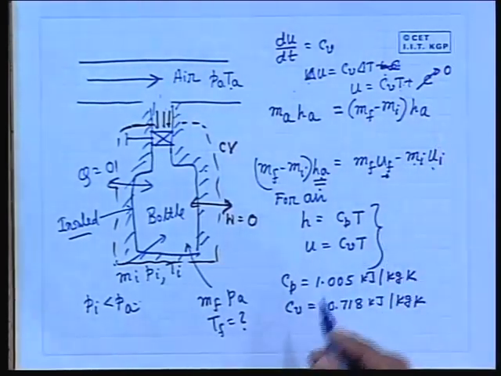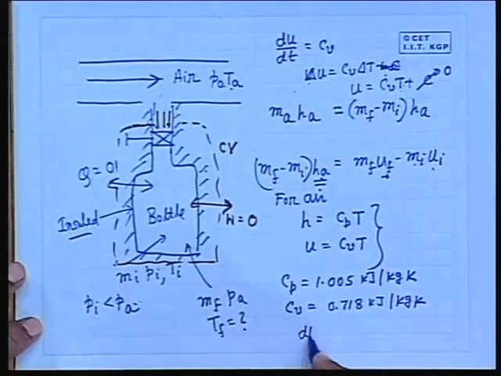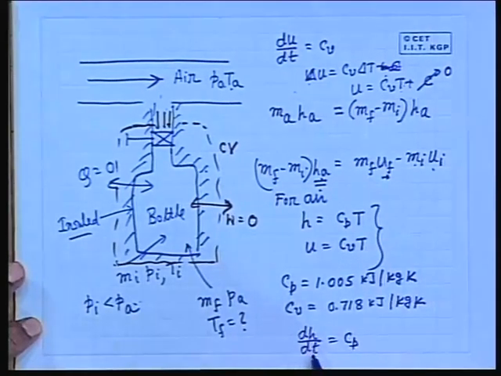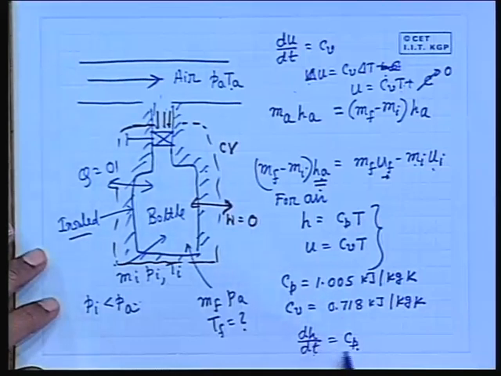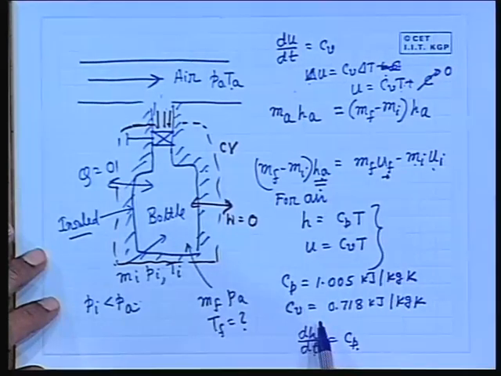In a similar way, for an ideal gas dH/dT is Cp. I am not writing partial H partial T at constant pressure, because H is not a function of pressure, it is only a function of temperature. If we integrate it, we get delta H is Cp delta T, or H is simply Cp into T, considering H is 0 at T equal to 0.